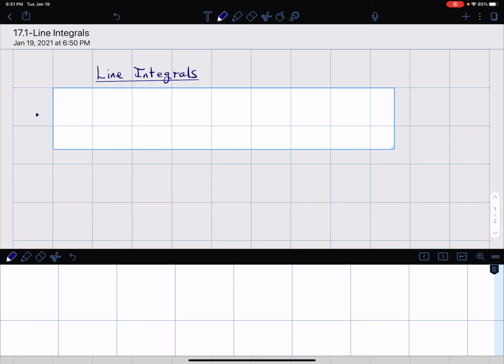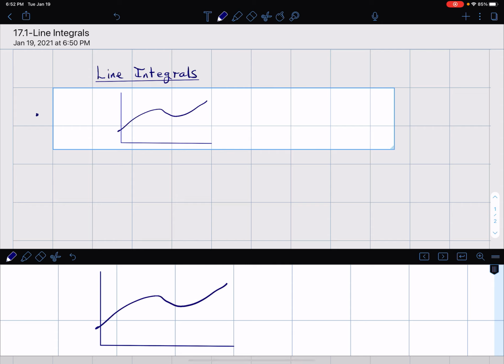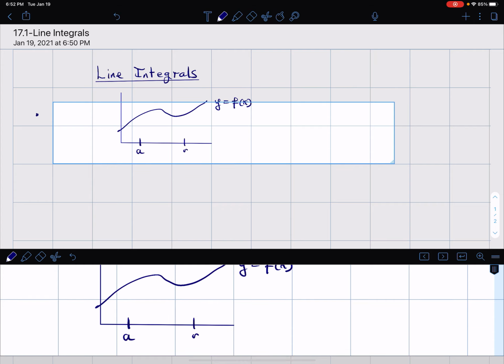All right, in Calc 1, if you want to find the area under a curve, you use integration. So for instance, you have the function y equals f of x, and then you want to find the area from x equals a to x equals b, and this is x.